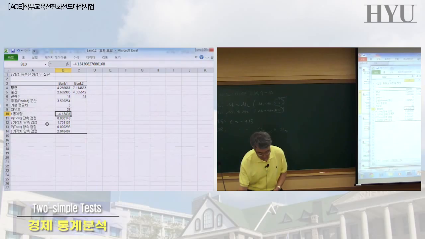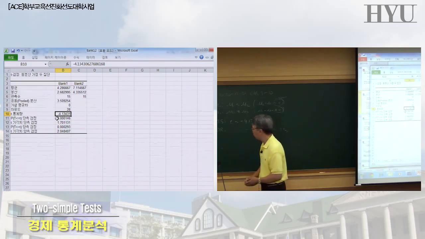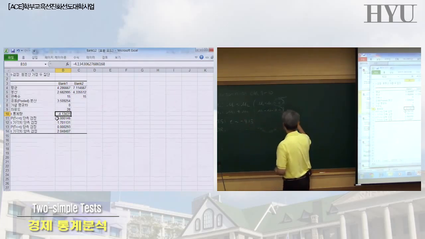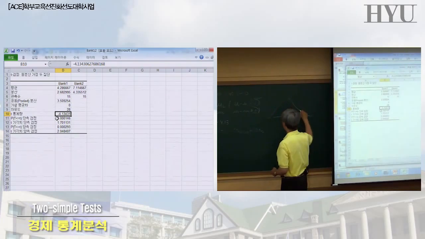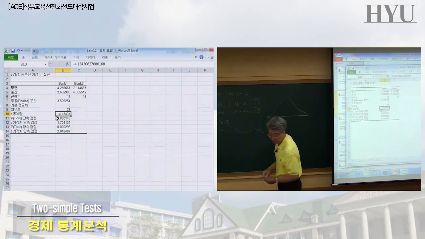So the p-value for the one-tailed test is 0.000146. We have the t distribution here, and our test statistic came out to be negative 4.13. If you're running a one-tailed test, that p-value is 0.0001.